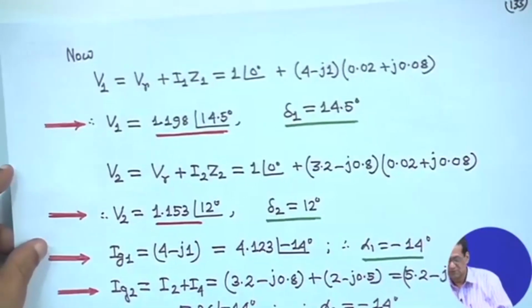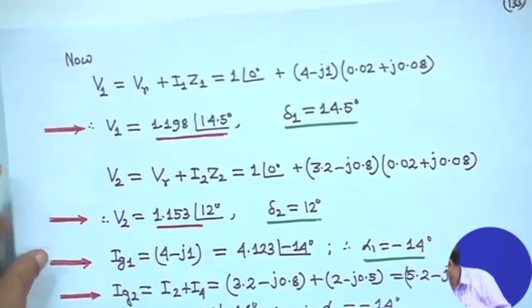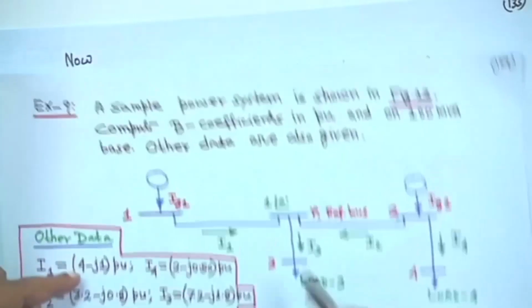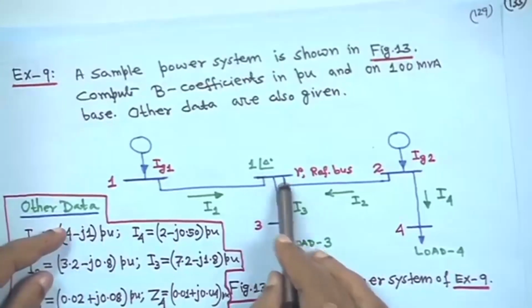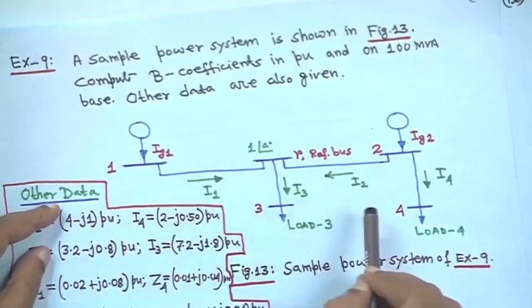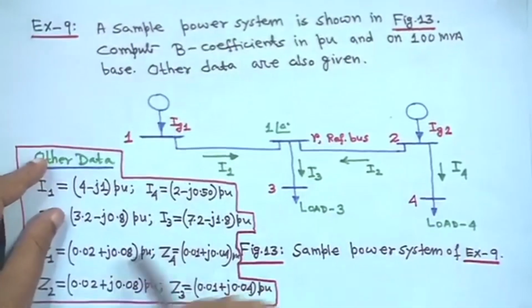Now we will come back to that diagram. In this diagram, if this is the reference voltage V r, and all the branch impedances Z 1, Z 2, Z 3, Z 4 are given, all data are given here.